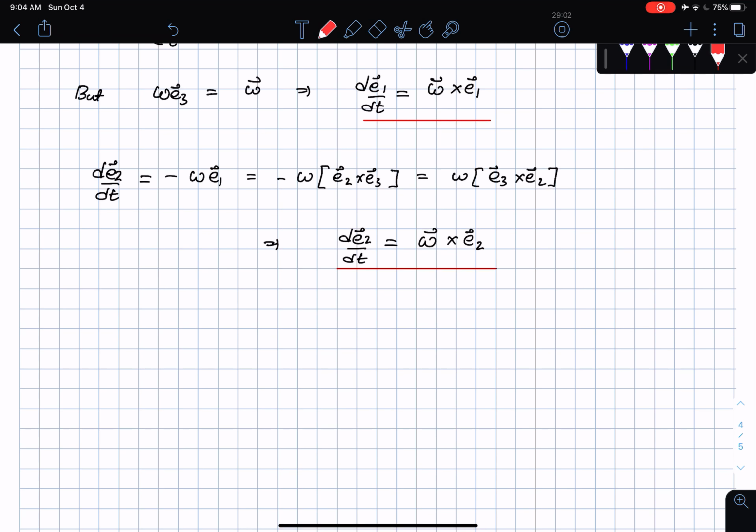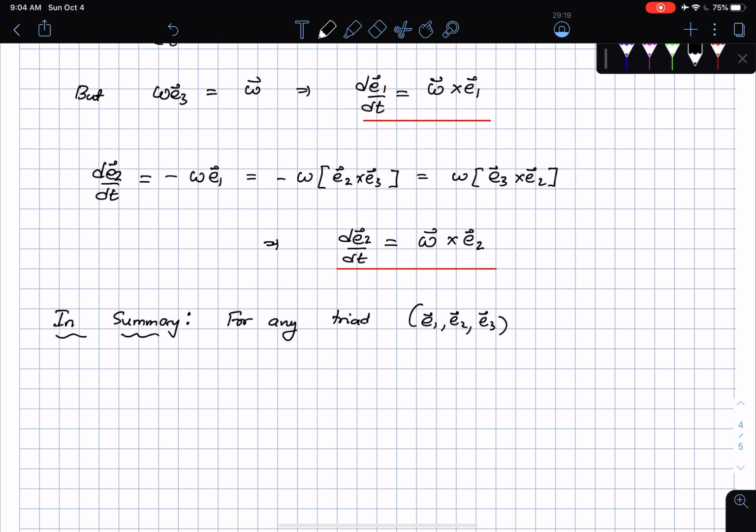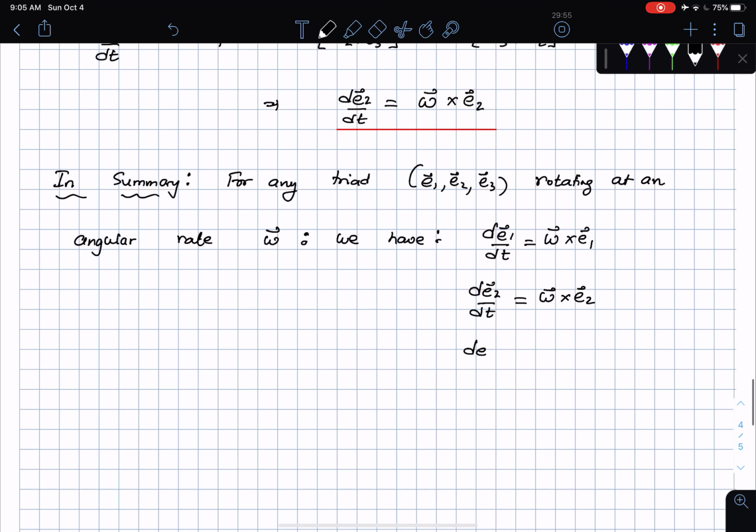Okay, so summary of the things that we've done so far. So in summary, for any triad, let's say E1, E2, E3, rotating at an angular rate of omega, we have dE1 by dt is omega cross E1, dE2 by dt is omega cross E2, dE3 by dt is omega cross E3.